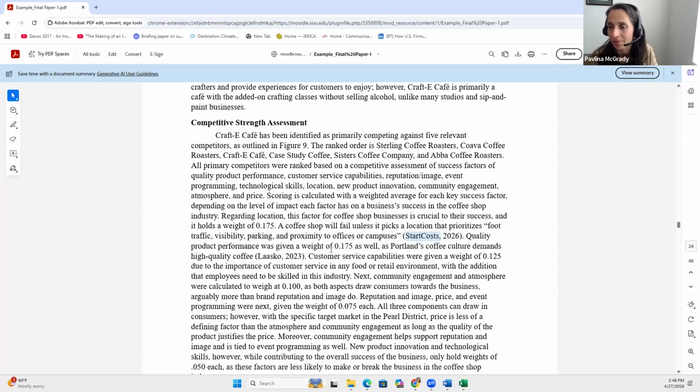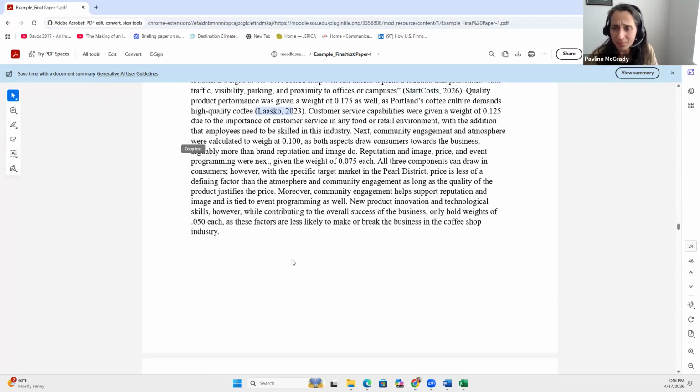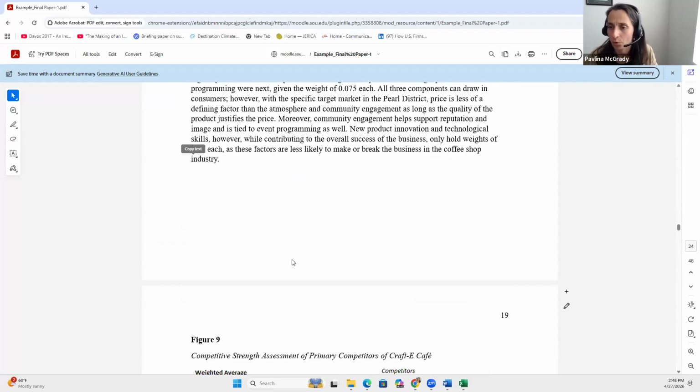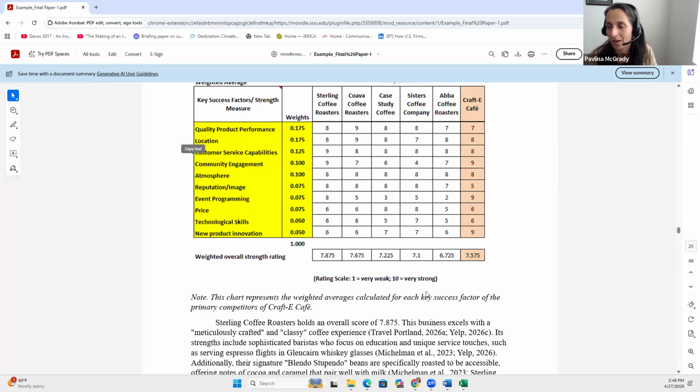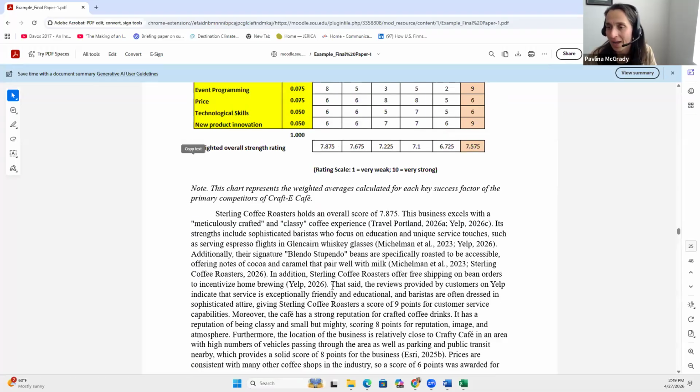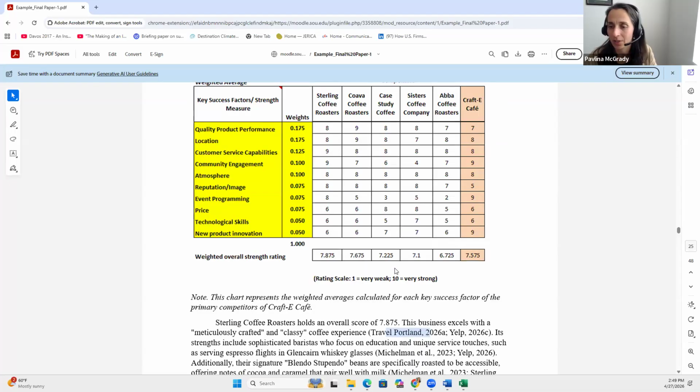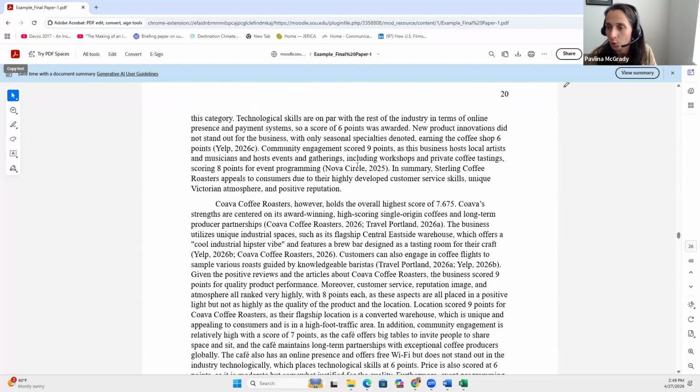You can see here the references. You'll see maybe reviews on Yelp or some other sources. So it should be informed by research. You can see here Yelp, Esri, Travel Partner, etc., linking to how each of those competitors has been ranked.